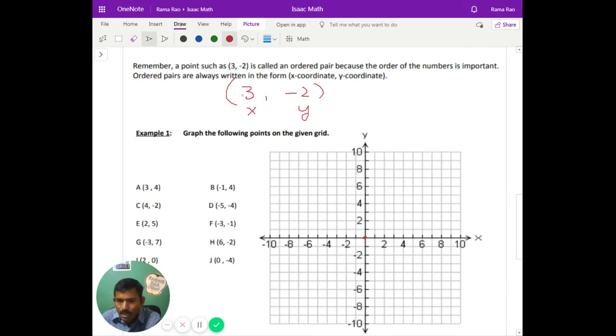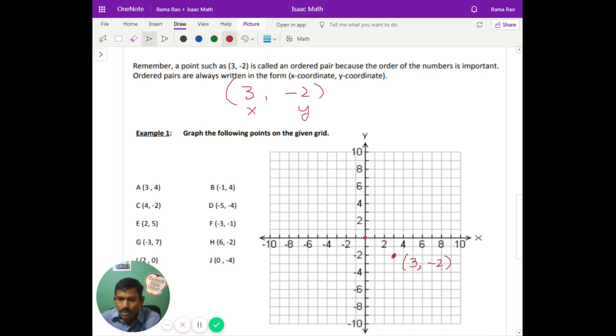This is plus 3, so I go to the right. If it is -3, I go to the left, because positives are on the right and negatives on this side. So starting from here: 1, 2, 3, 3 to the right. Then the y is -2. Negative means go down: 1, 2, and you plot a point there. So this is the ordered pair (3, -2).